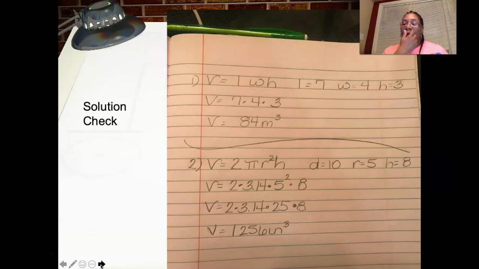Where it says r squared, r is 5, r is not 10, r is 5. And then I simplified my exponent and multiplied it straight across and got an answer of 1,256 inches cubed.